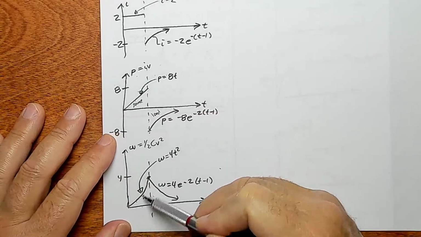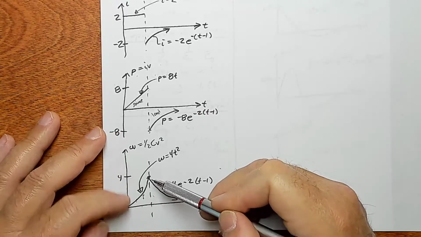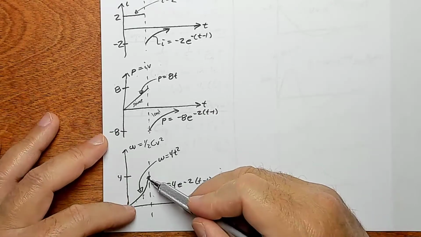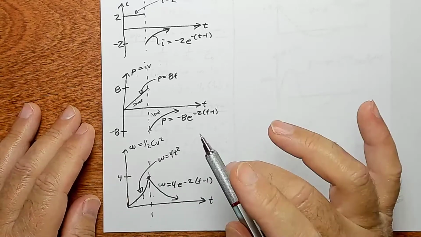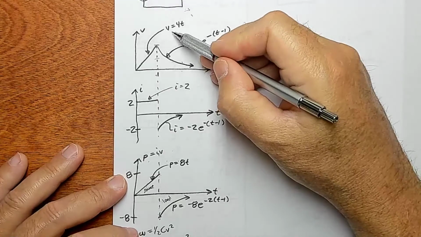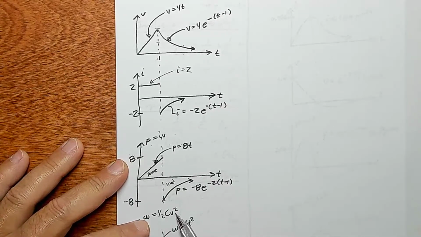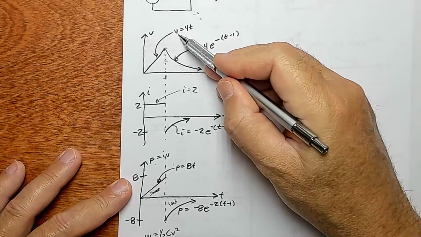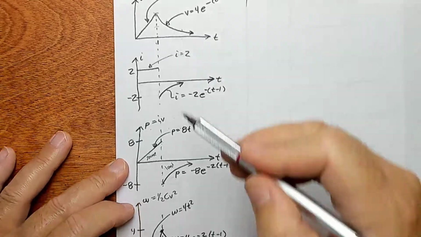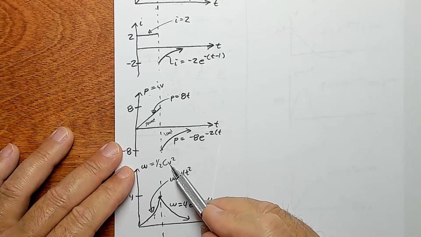But this is the total energy that's in the device, and it couldn't just all leave at once, right? So this isn't going to go negative. There's no such thing as negative energy anyway. But it's not going to have a step change, which relates to the V not being able to have a step change, right? Because energy is 1/2 CV squared. So if the voltage cannot step change, then the energy's not going to be able to step change likewise, because it has a V term in it.